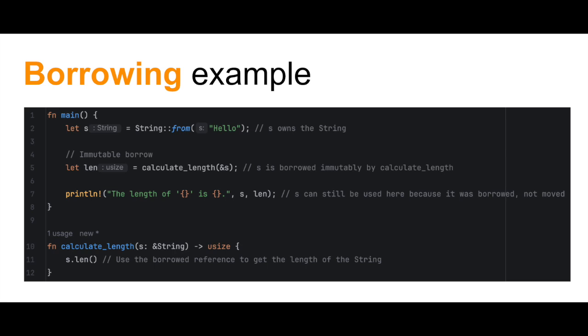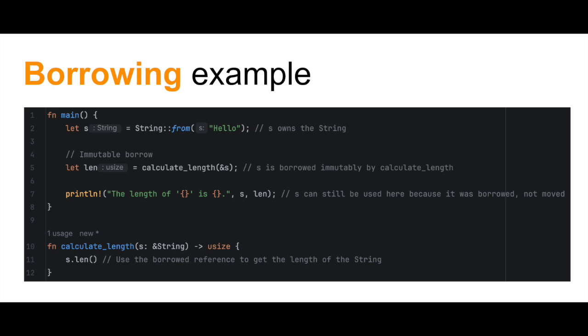Here I have a function, calculate_length, which will take a variable and return its size, right? When the method on line 5 calls calculate_length, passing s as a parameter, you notice it's using this reference symbol, this ampersand, right?